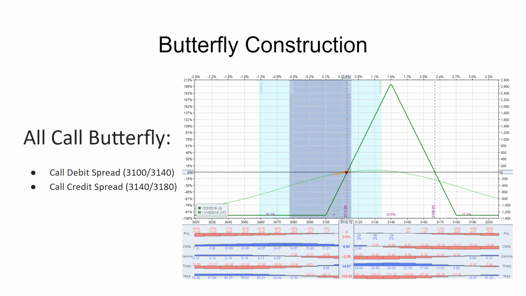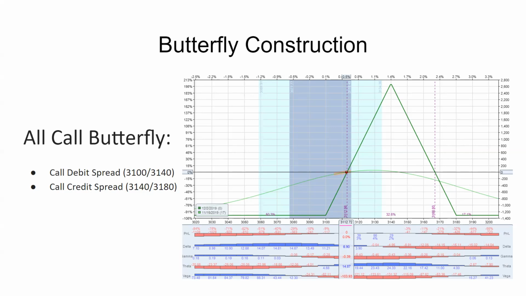So here we have, I think this is SPX, SPX at 3112. And let's assume that we had a bullish outlook and we wanted to put on a bullish call butterfly. This butterfly is made of two spreads, which is 3100, 3140, right?